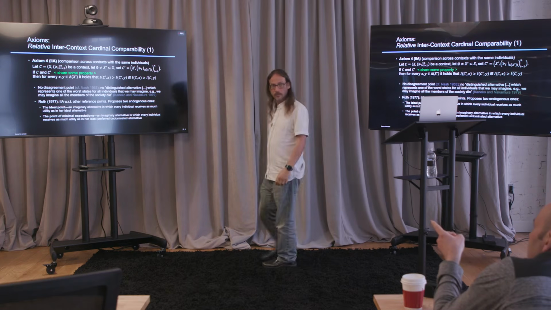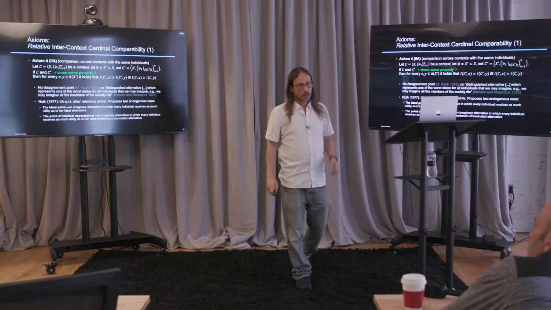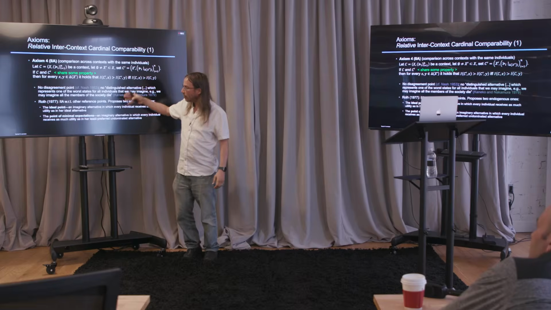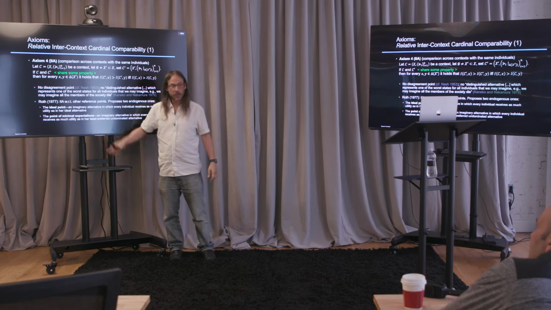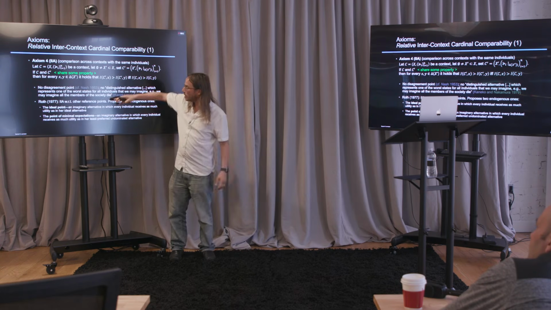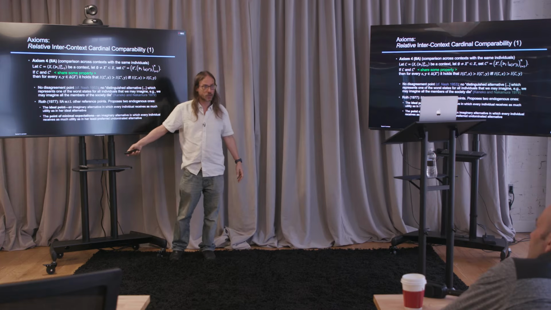So are these just sort of saying like X prime includes the right stuff, basically? No, these are saying that if you remove stuff in a way that doesn't change the ideal point or the point of minimal expectations, certain properties should hold.